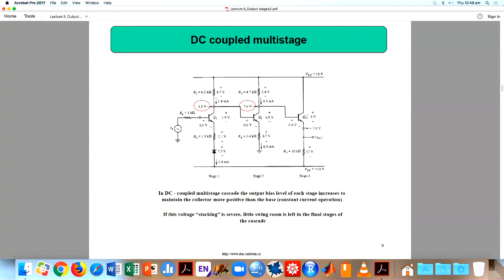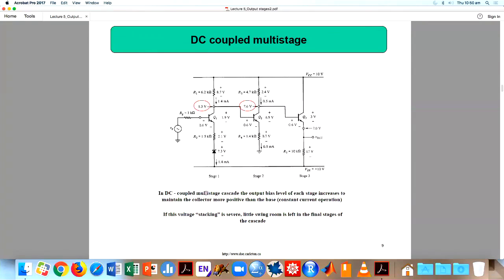Then with another stage here, this voltage should be greater than this one. So if you go to 3-4 stages, you don't have any space for amplification because your 10 volt will come. In order to avoid that, we can put a level shifter, so that level shifter will reduce the requirement, or you can use a PNP amplifier that will solve the issue.